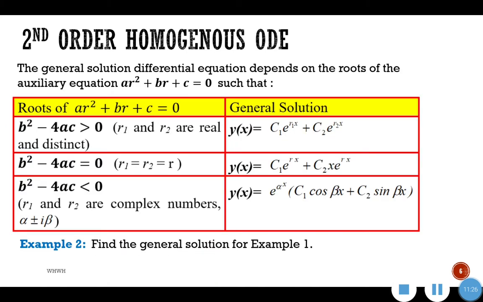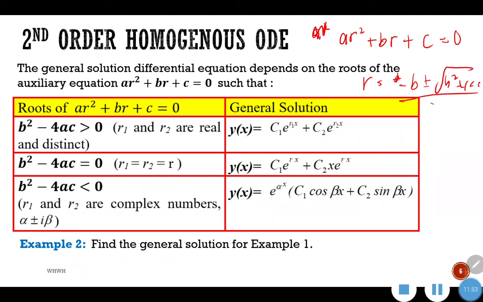Alright. So, maknanya kat sini, bila kita dah find the general solution, bila kita dah convert it into its auxiliary equation where we have a r square plus b r plus c equals to 0, and we solve it using the quadratic equation, negative b plus minus square root of b square minus 4ac over 2a tu, our value of r, dia ada 3 different cases.